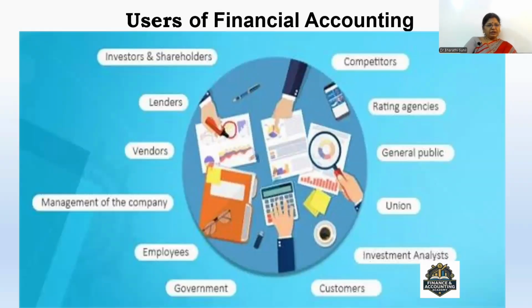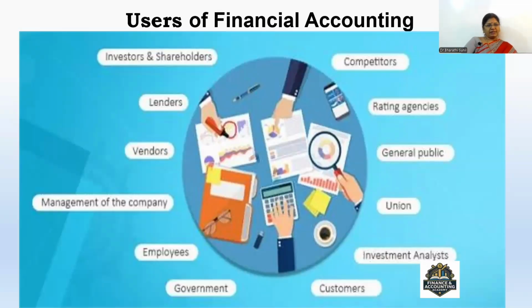They want to ensure that the business follows all the laws framed by the government, whether relating to taxation, labor, or the environment. So they are interested in financial accounting, to know whether the company has legal compliance and whether it is prompt in making tax payments.